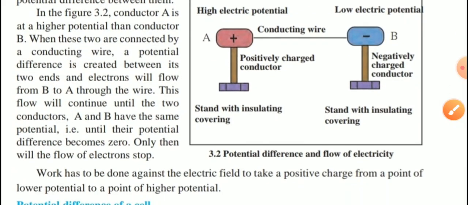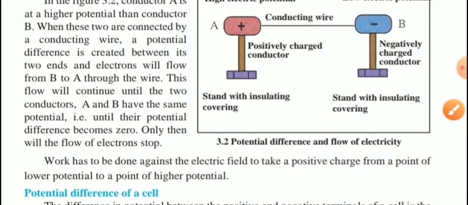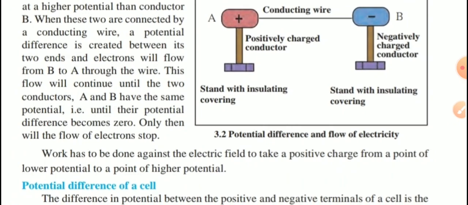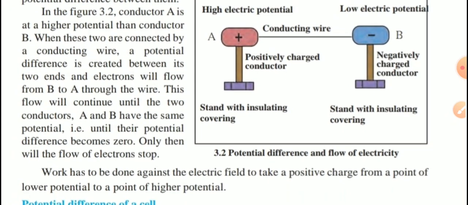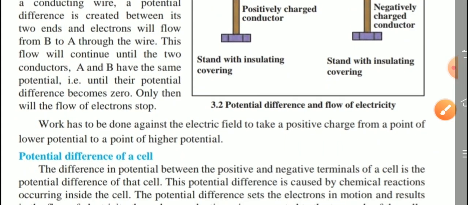So in that case, we say that in case of our electric cell, pencil cell, that cell is discharged. The cell is discharged means what? The flow of electrons stops from lower potential to higher potential. So that cell we change in our electrical appliances.